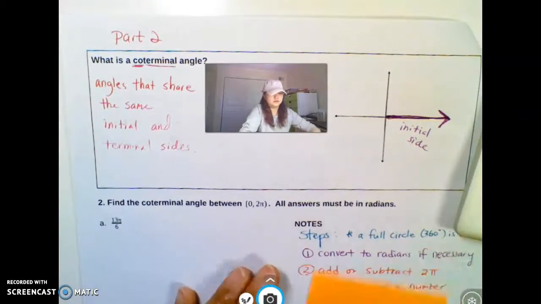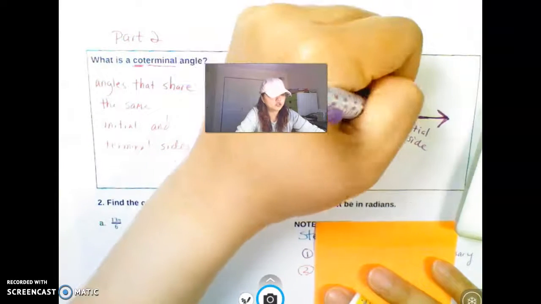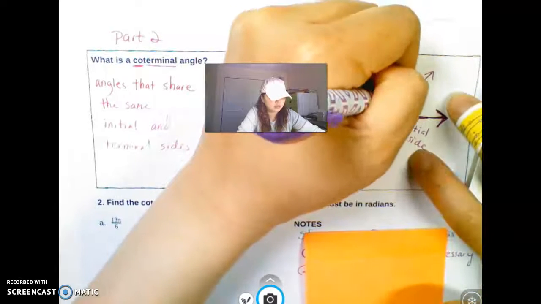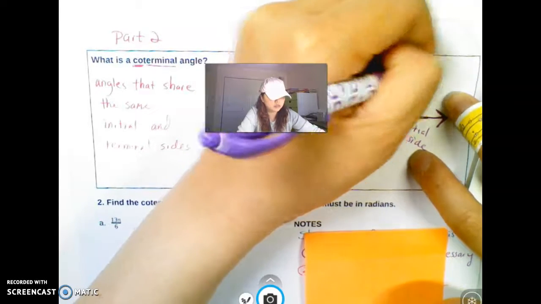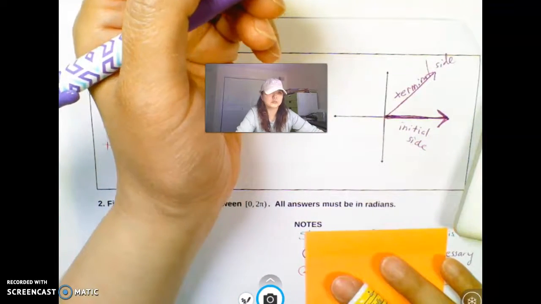An angle is when they open up, initial side and then we have another side. That's called the terminal side. It's the ending side. Okay, initial side and the terminal side.